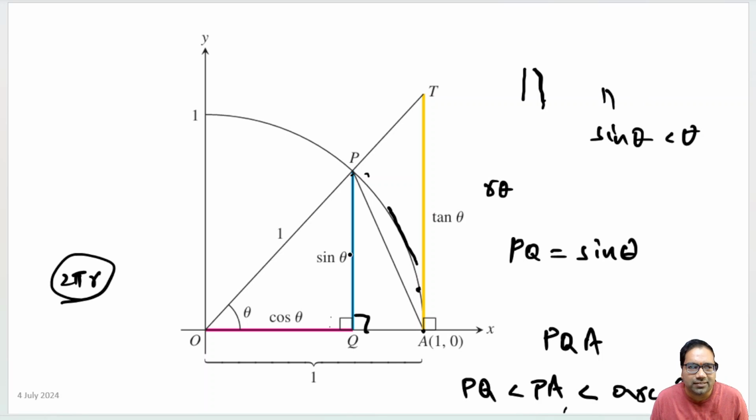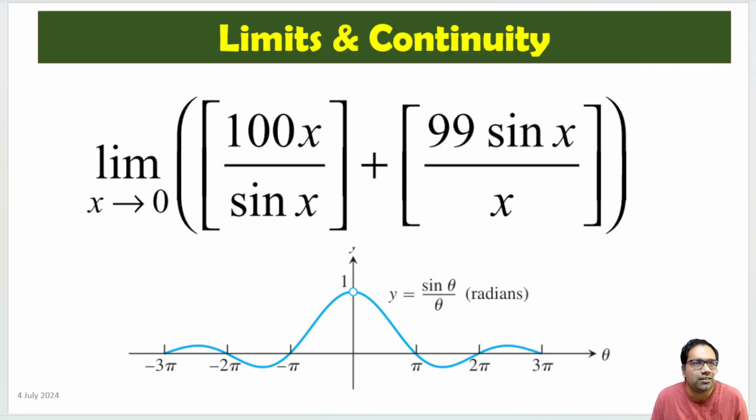That's why sin theta will come closer to theta, but is always lesser than theta. So when theta is very small, sin theta by theta will tend to approach 1. That is what we have drawn in this graph also. Naturally, sin x by x will tend to approach 1, but is always lesser than 1.